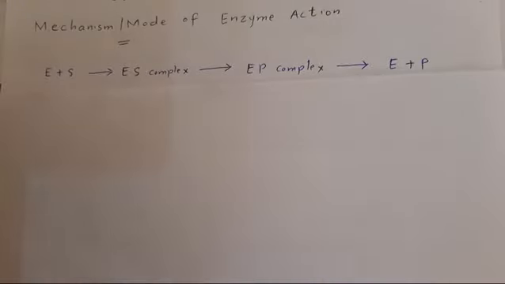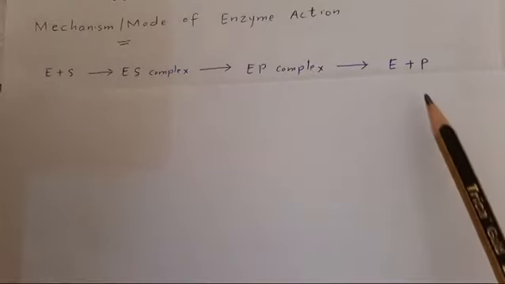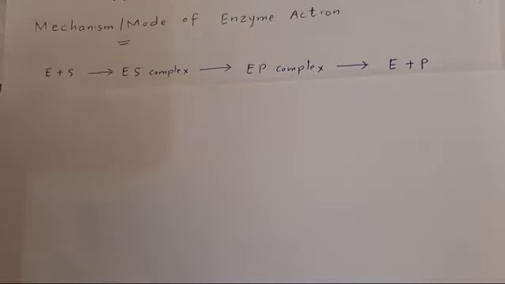Then the substrate is converted into product while attached to the enzyme, known as enzyme product complex, and finally the product is released. The enzyme is then free to start another reaction again.